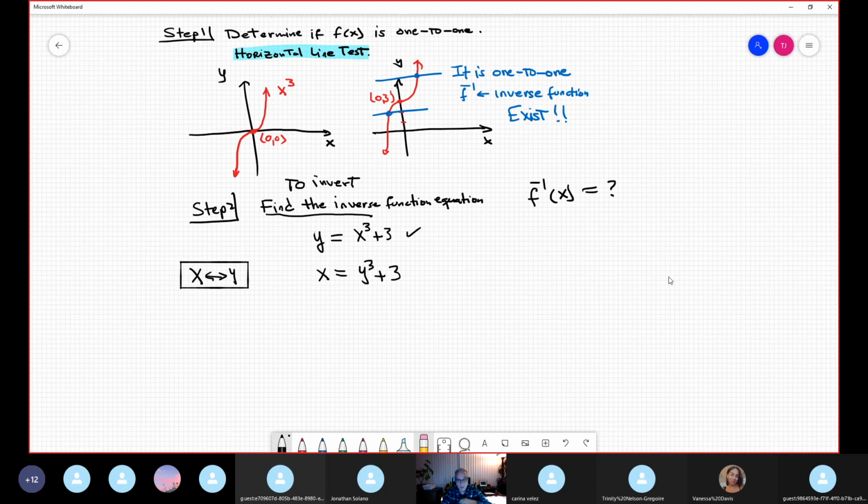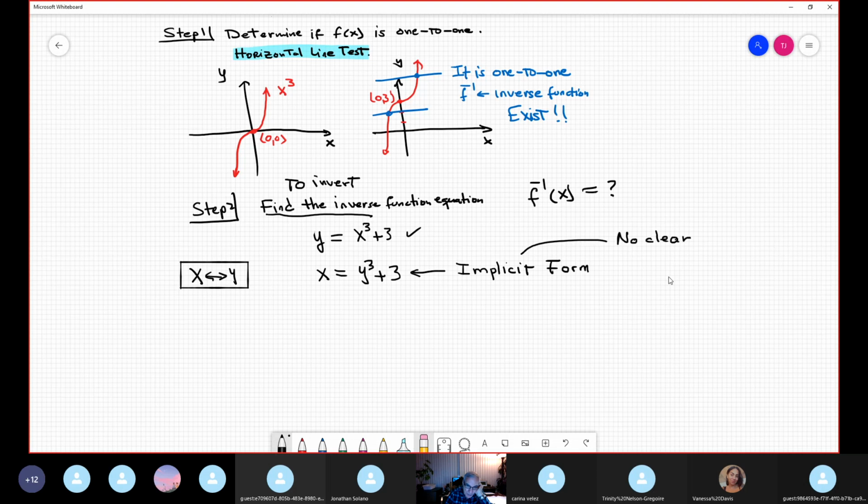Okay, so you say, Professor, this is the inverse. Well, yes. But what's the problem? The problem is that it is expressed in implicit form. And remember, implicit is the form that is not clear. Implicit is synonymous with not clear.